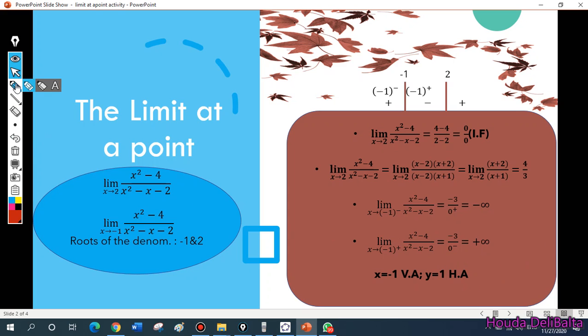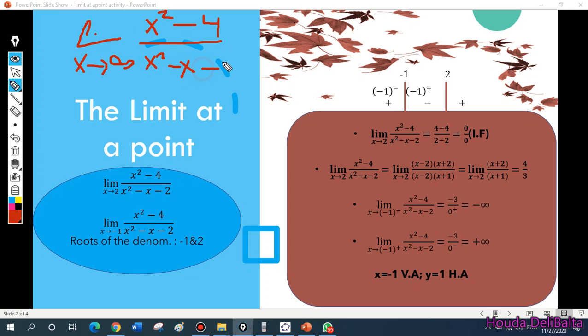If we have to find the limit as x approaches infinity, horizontal asymptotes usually come from studying the limit at infinity of x squared minus 4 over x squared minus x minus 2. As you know, we take the highest power from the numerator over the highest power from the denominator.